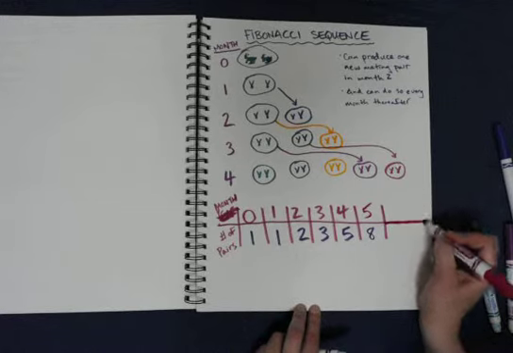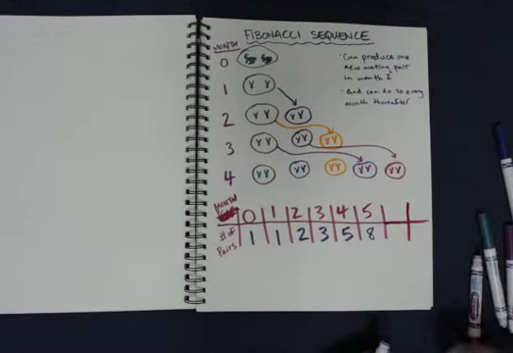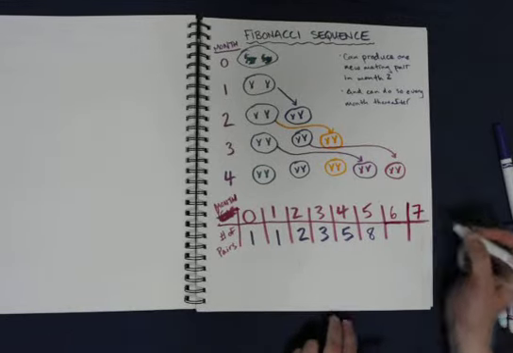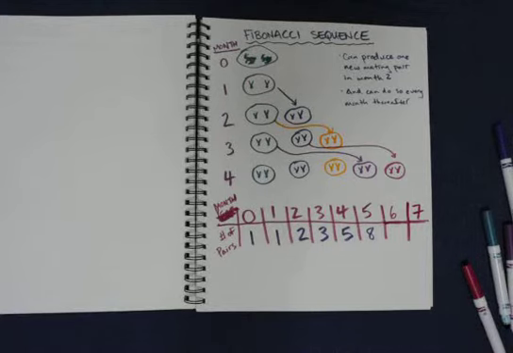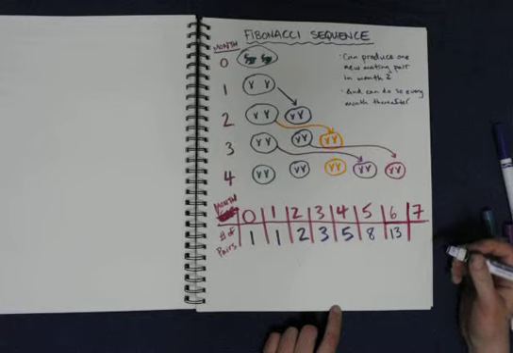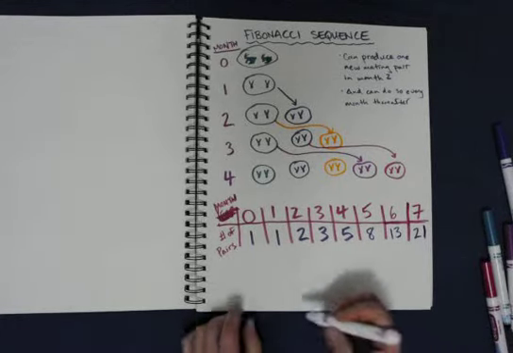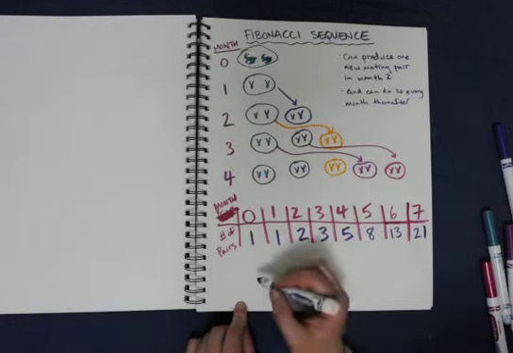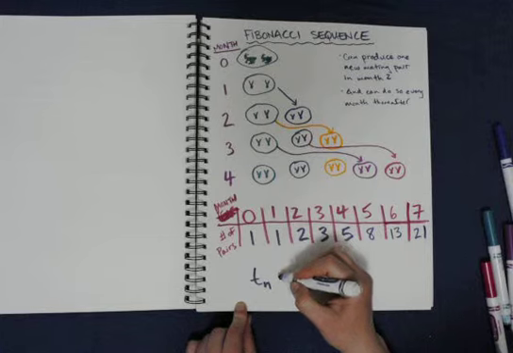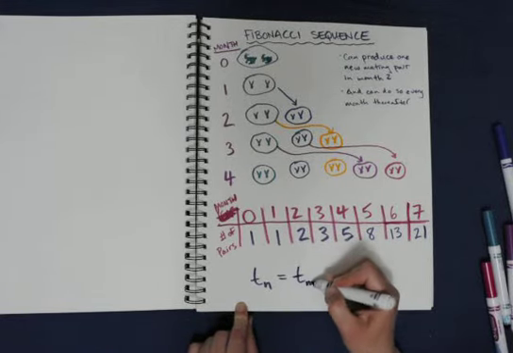So what numbers would you write for the output for the next 2 months? If you guessed 13 and 21, you'd be correct. So this recursive sequence specifies that any term in the sequence is the sum of the 2 previous terms.